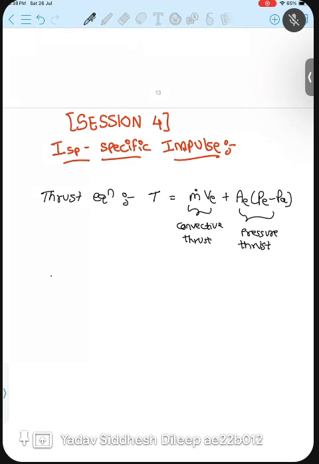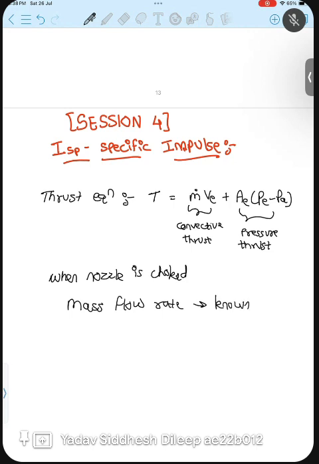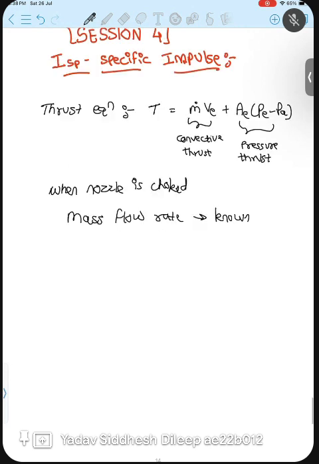So when the nozzle is choked, we know the mass flow rate through the nozzle. We did this in the previous class, deriving the mass flow rate equation.